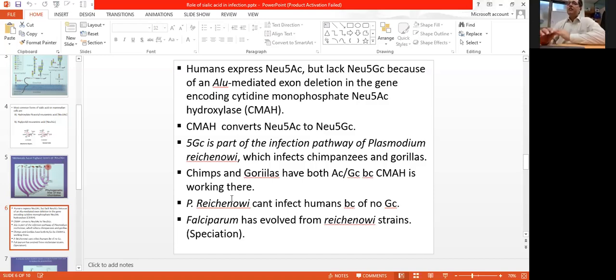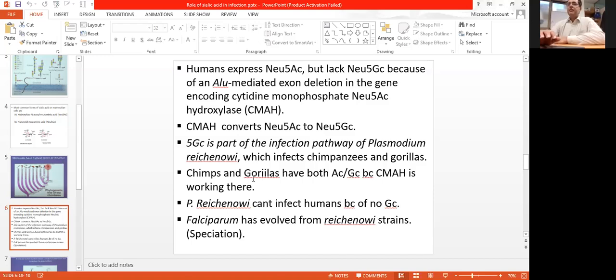And then it relaxed that criteria a little bit, during that evolutionary period, which of course would have taken a lot of time, by shifting its preferences from Gc to Ac. And that also caused this speciation in the Plasmodium species, that from reichenowi, this particular species falciparum emerged or evolved.